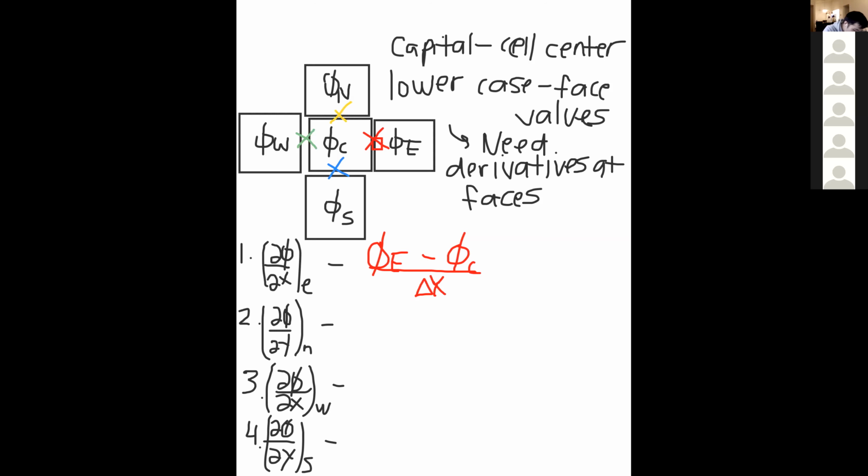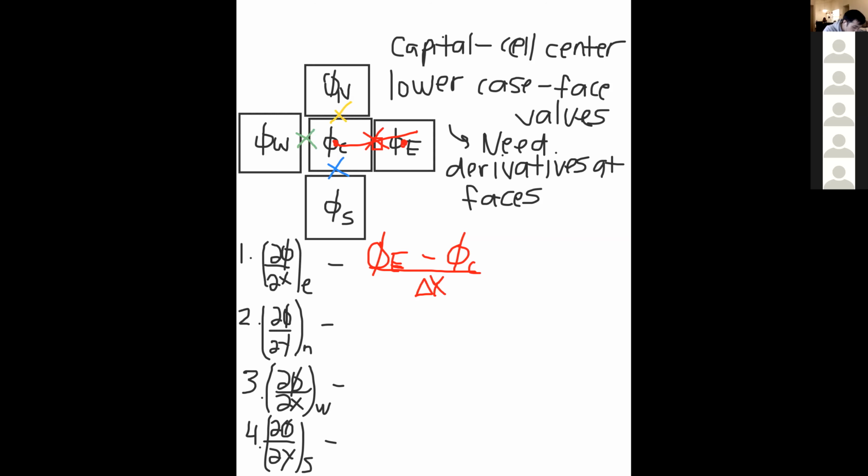Remember we're using capital letters here to denote that these are cell-centered values, so these aren't values at the face. So we subtract those two and divide by delta x, and that's going to be the slope of the line that passes through this face right here.